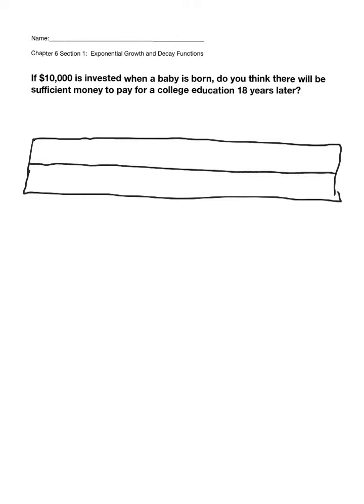I'm going to start with year zero, where we have $10,000. And then let's talk about what happens after 1 year, 2 years, 3 years, etc. All right?